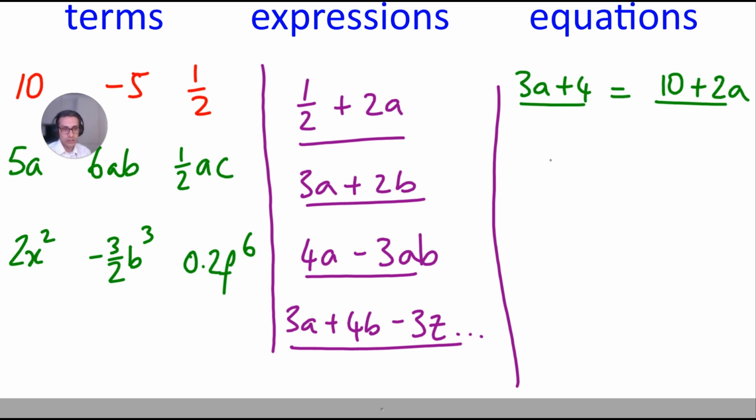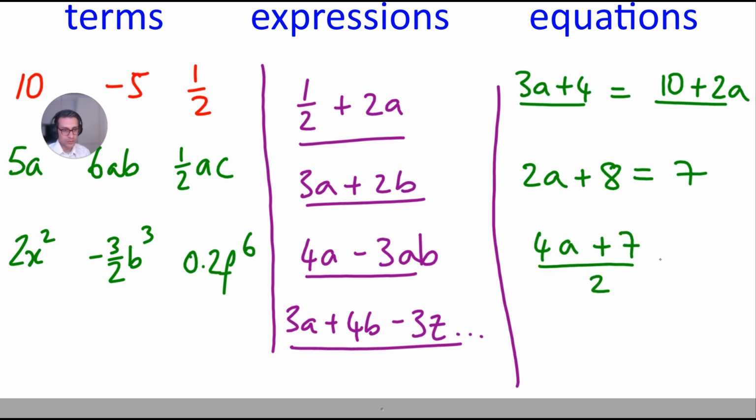So another basic simple example, 2a plus 8 equals 7, or 4a plus 7/2 is equal to 17, for example. All of those are different equations, but you wouldn't necessarily talk about expressions when you're talking about equations.